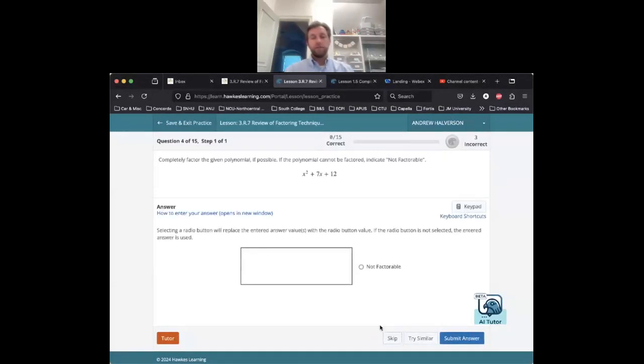Let's see what else. Now this is a trinomial, meaning 3 terms. What questions have to go through your mind? How do we know how to factor this? What method do we use? Because remember, trinomials had 2 different methods. One based upon the leading coefficient being 1, and one based upon the leading coefficient being something other than 1. So what's the leading coefficient here?